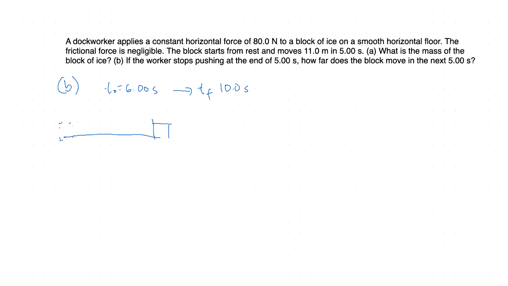So alam natin yung velocity. So anong velocity dito? We can use the UAM equations to find the velocity here so that we can know, starting from here, ano na yung displacement.